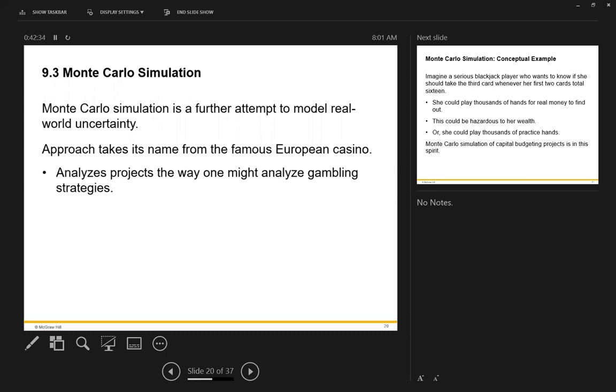Amounts of revenues and costs of the project under different sales assumptions. So we have 0 sales, 1,000 sales, 3,000 sales, and 10,000 sales.